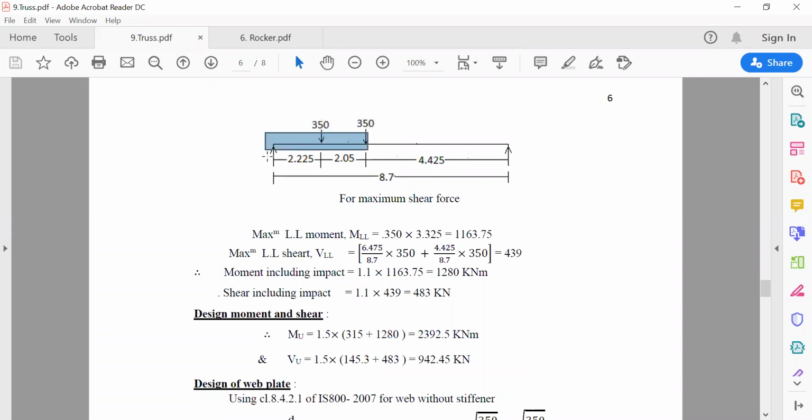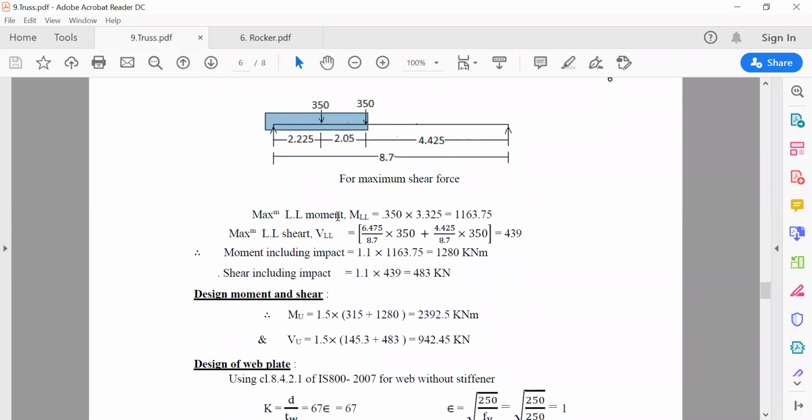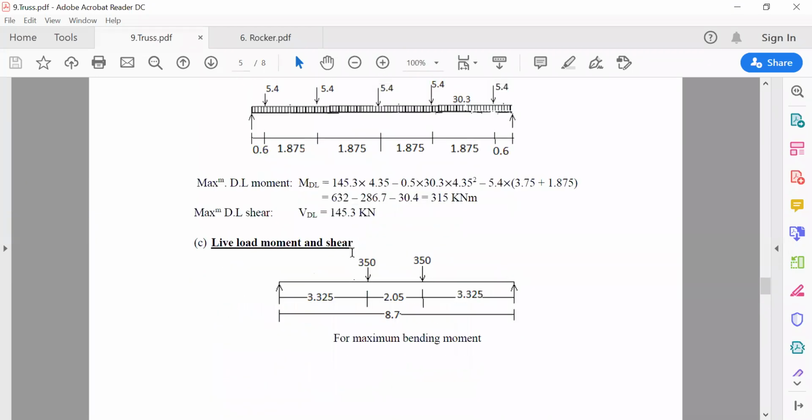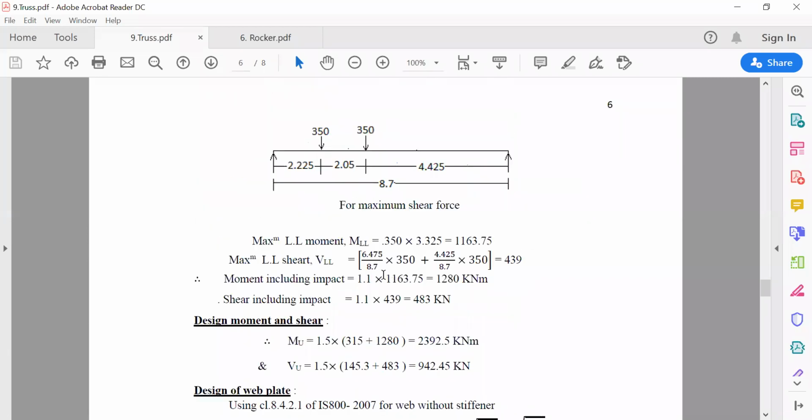Since you cannot go beyond this, you have to find out the shear force here. If you see this diagram, it is a strength of materials problem. Find out the moment, and this is also a strength of materials problem.